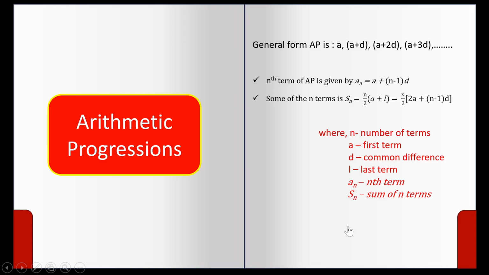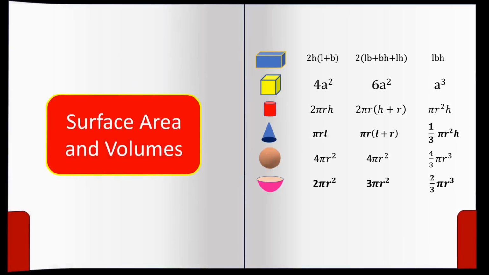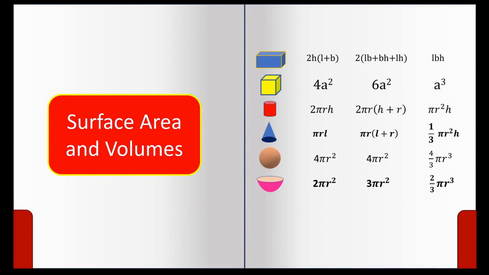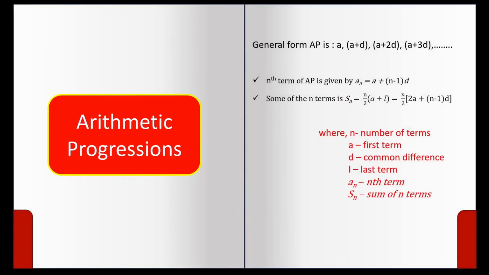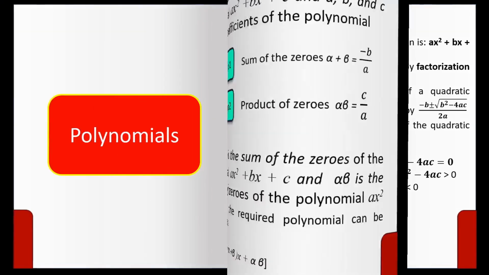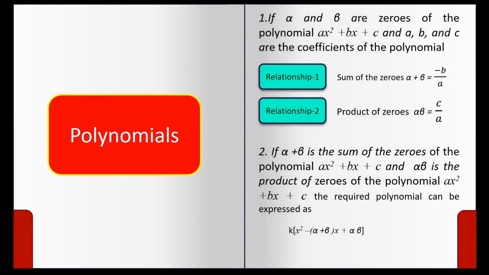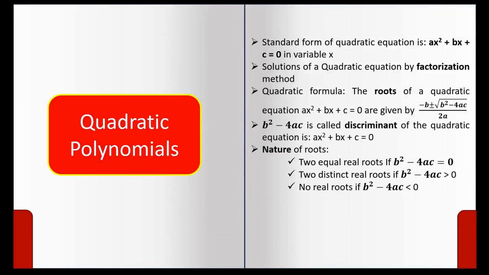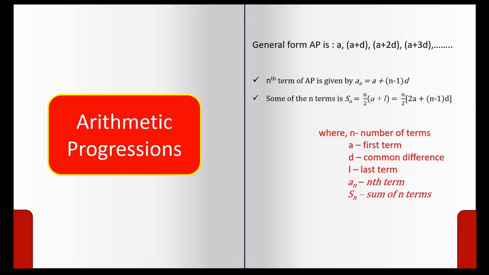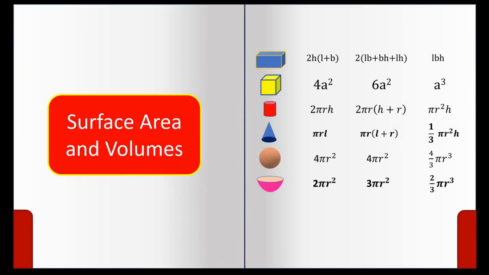Again, just look at arithmetic progression and one more important chapter in mathematics in terms of formulae, that is surface areas and volumes. This is how you can note down all the formulas in your notebook and quickly revise them, so that in the examination, if you write at least these formulas, there are chances for each question. If you write any formula related to that, then there are chances to score at least 1 mark.